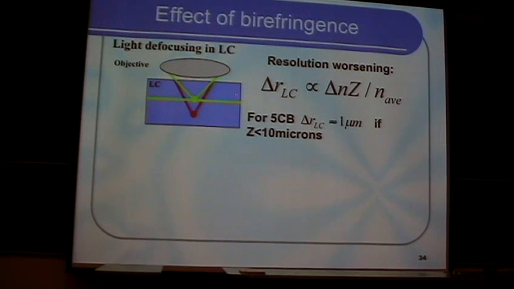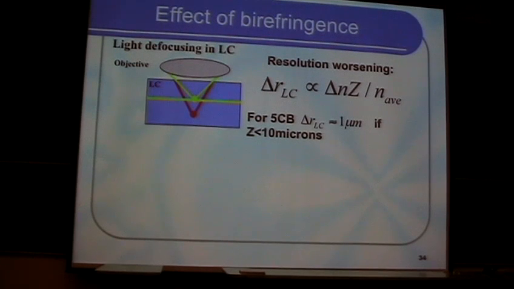The larger the depth of scanning in the liquid crystal sample, the worse the optical resolution, and the worsening is proportional to delta n z, where z is the depth of scanning, delta n is the birefringence of the liquid crystal, the difference between the extraordinary and ordinary refractive indices, and n average is the average refractive index of the liquid crystal.